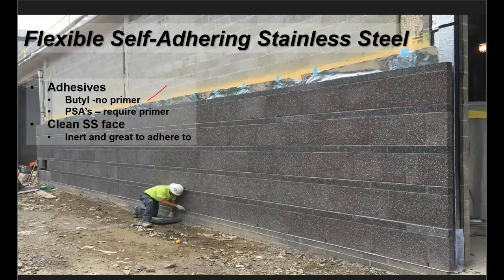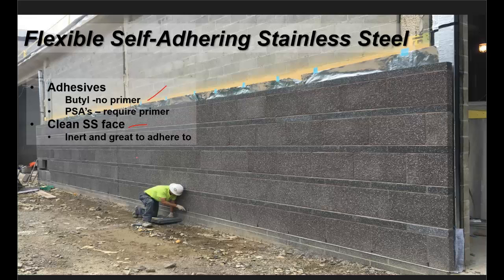Also, I want to point this out, and I hate that I have to. You want the stainless steel to be bare and exposed. There are manufacturers that put a plastic or a polymer fabric on the face of the stainless steel. There's no reason to do that. Now we're covering up the benefit of fire resistance, UV resistance, compatibility.